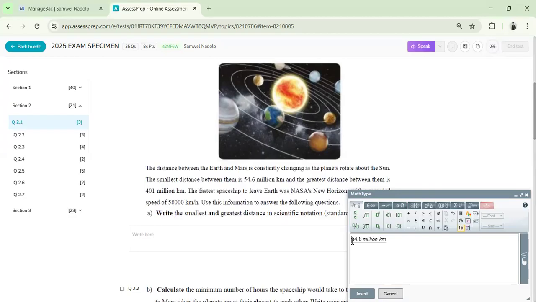So I'll write smallest distance. So writing in scientific notation should be in the form of A multiplied by 10 raised to K or N.